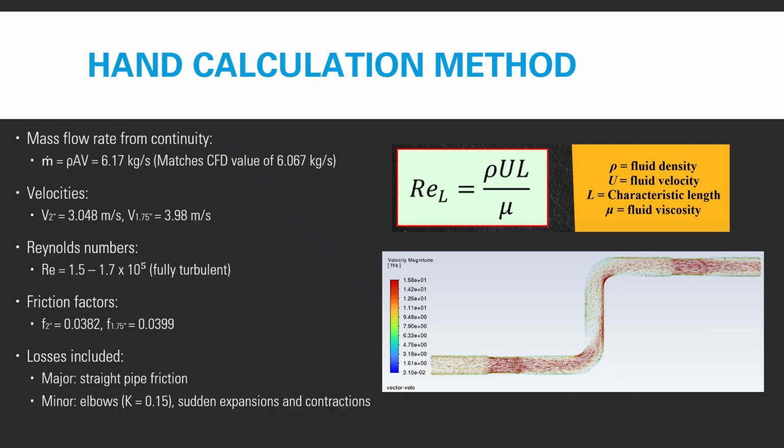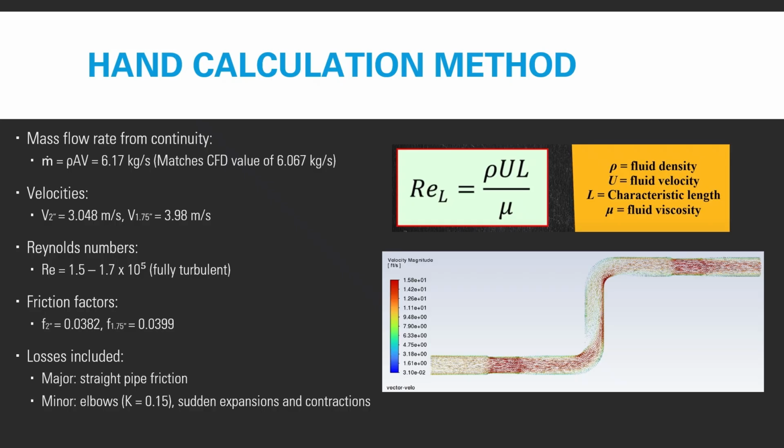So with the simulation results, I did some hand calculations so we could try to verify the results and see how accurate our CFD analysis was. For the hand calculations, I first determined the mass flow rate using continuity, which gave about 6.17 kilograms per second, which is very close to what the CFD produced.